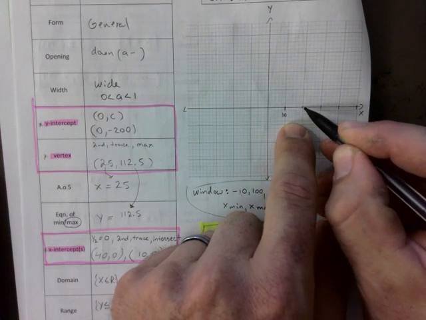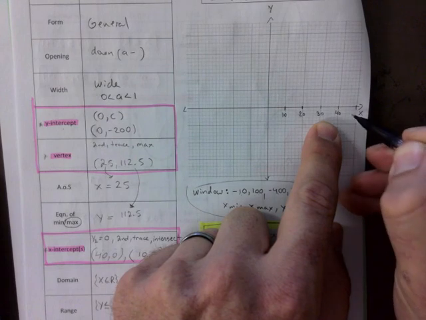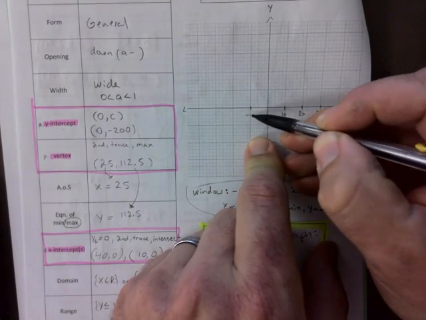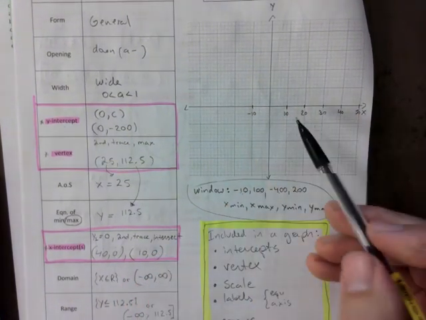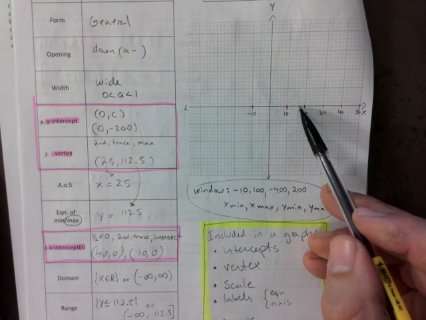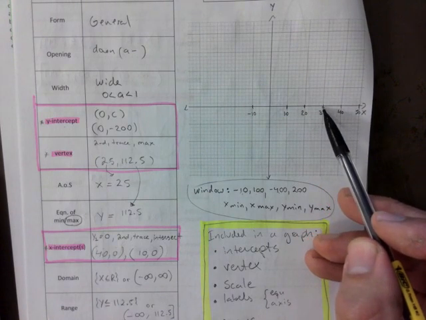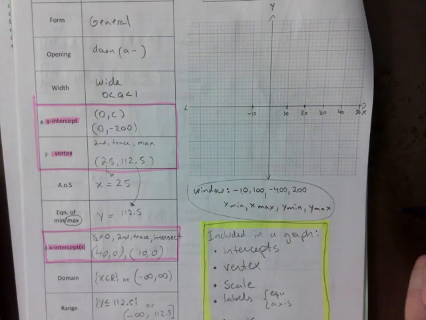And I'm going to go to the negatives just a little bit, indicating that my scale here, if you count the small boxes, it'll be every fifth box is worth 10, right? And that is consistent. So that's good enough.